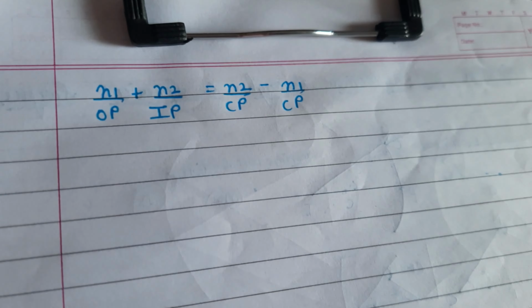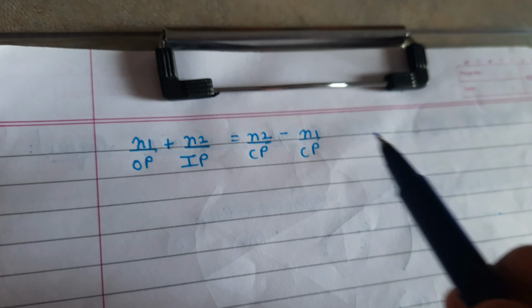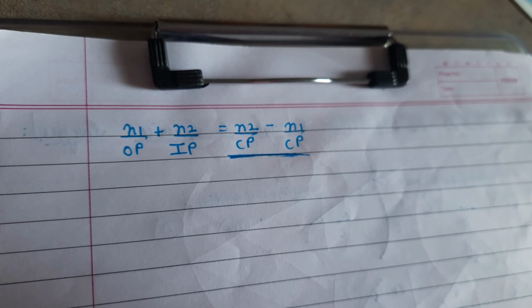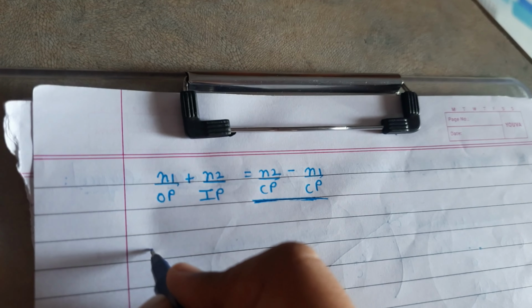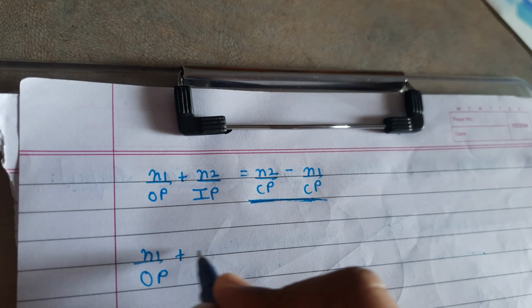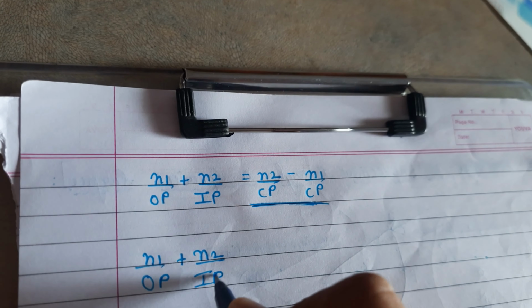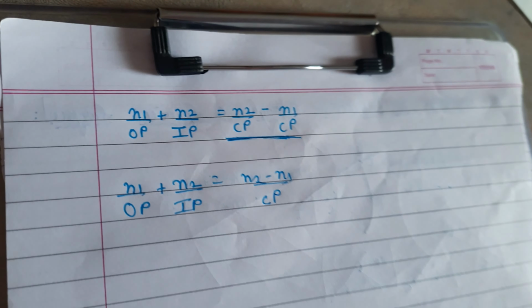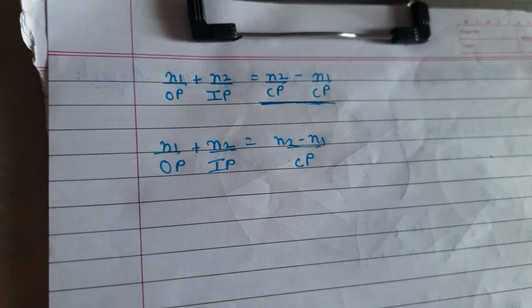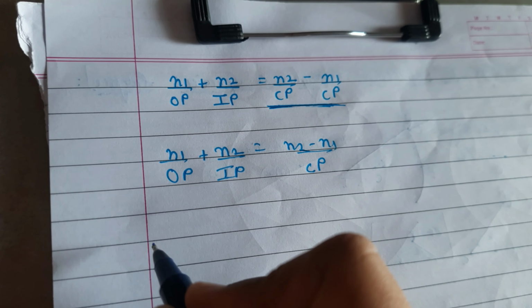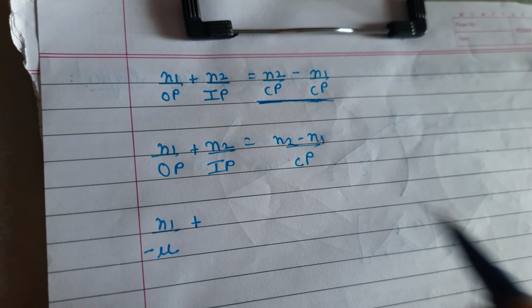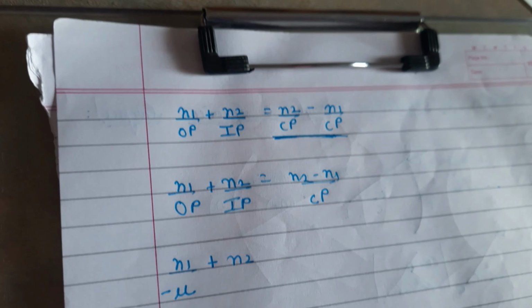Yes, so we were here. Now we can make it as one term, that is n2 minus n1 by CP. Yes, agreed. Now we will put the values. We know OP is the object distance. We'll see what IP is, n2 by IP.